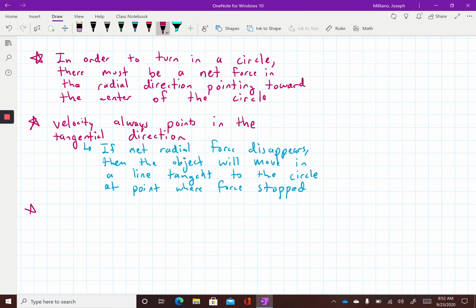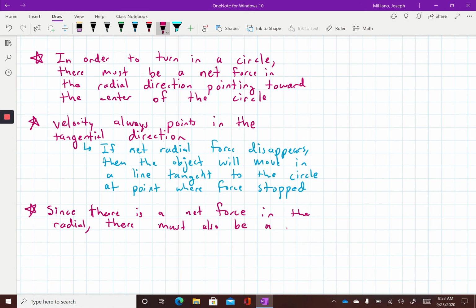And then fact number 3 that we're going to have here is that since there is a net force in the radial direction, there must also be a radial acceleration, which we will call a subscript r, toward the center of the circle.